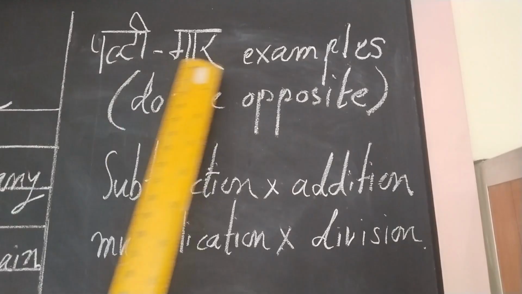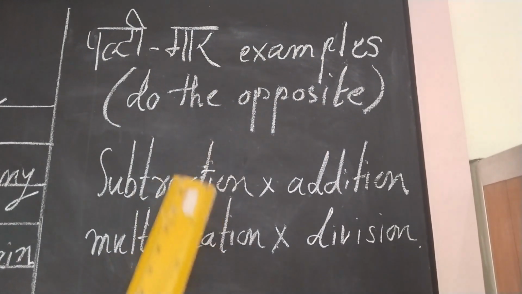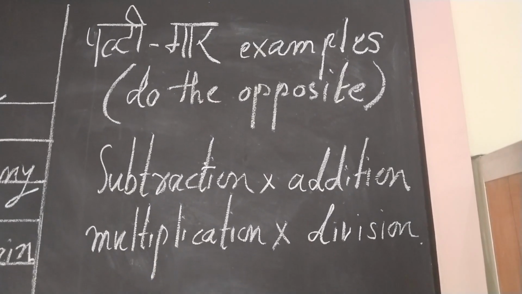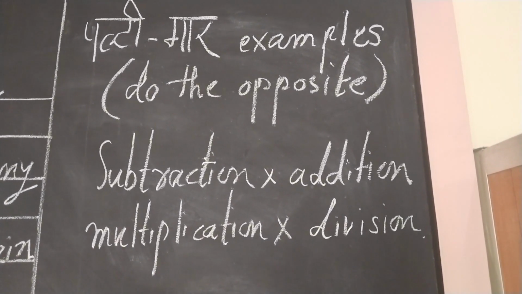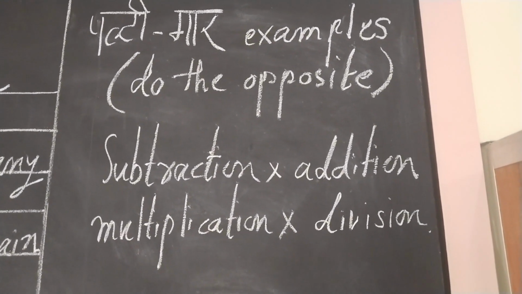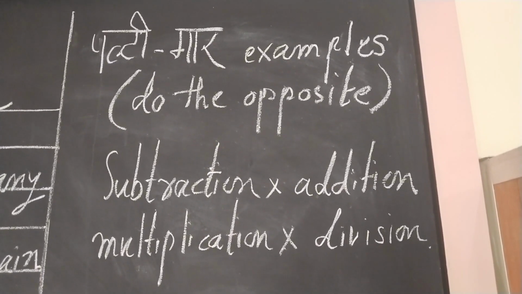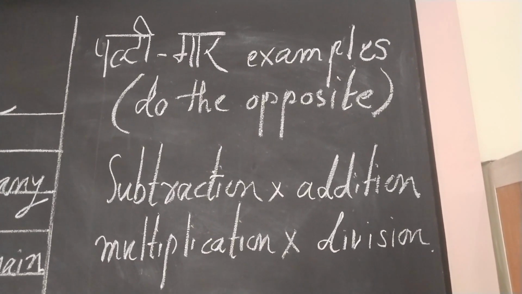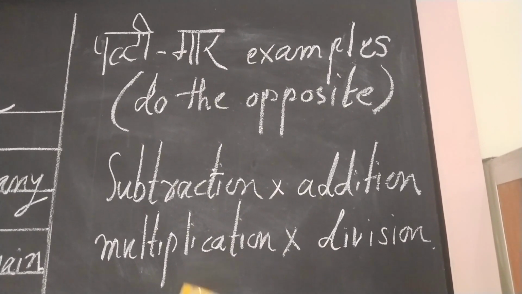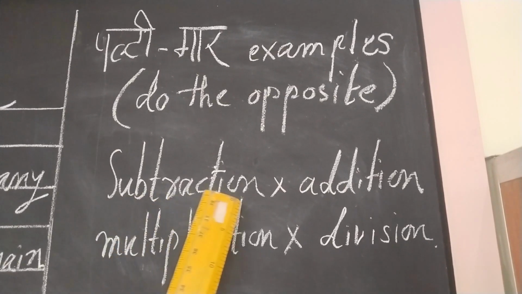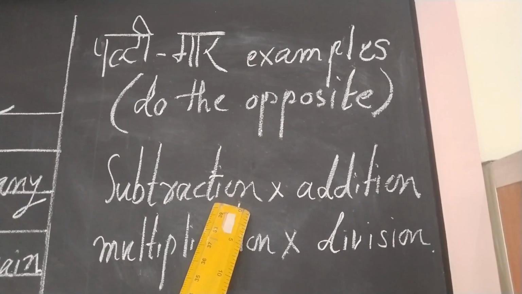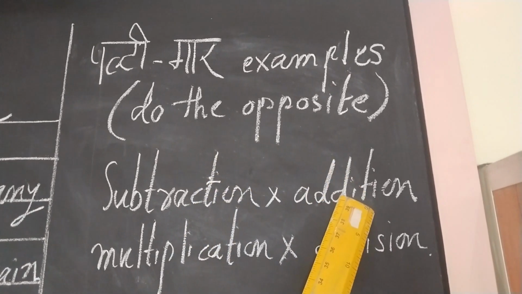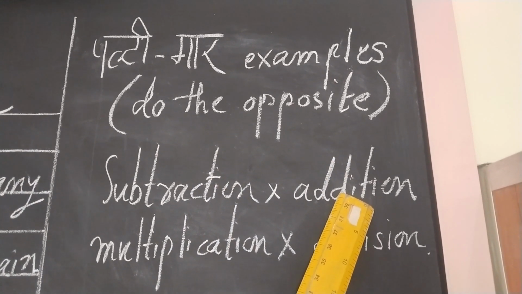So in such types of examples, first of all, as usual, we have to know the meaning, use our common sense and imagination, and if our common sense and imagination says that this is a case of subtraction, then solve that sum by addition. Funny, isn't it?